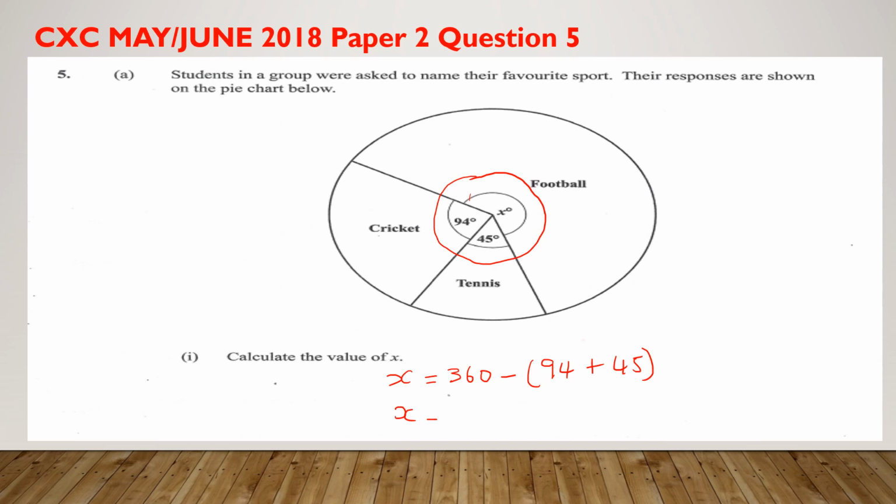So x is equal to 360 minus, put that in your calculator, 94 plus 45, 139. So x is equal to 221. 221 degrees. All of this is degrees.